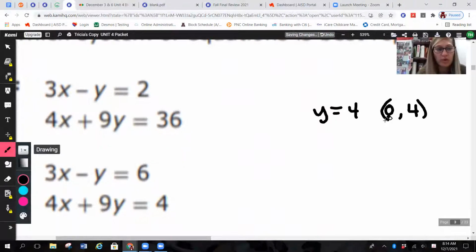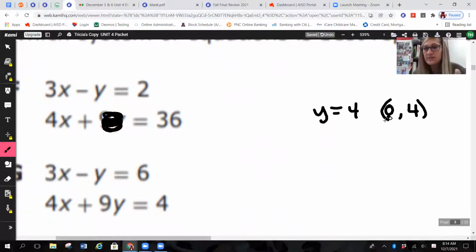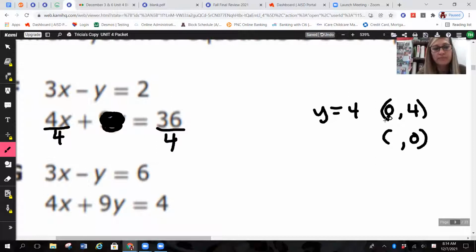And then I would cover up the y coordinate, making the y 0. That's why I'm covering it up. And I would divide by 4, and I would get x equals 9. Now I know that this one line had both intercepts, just like the graph did.